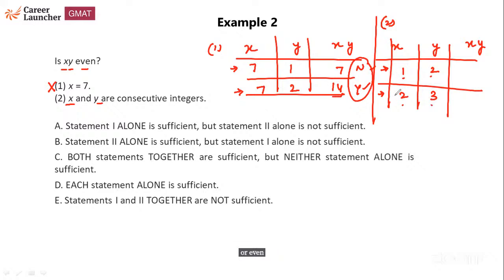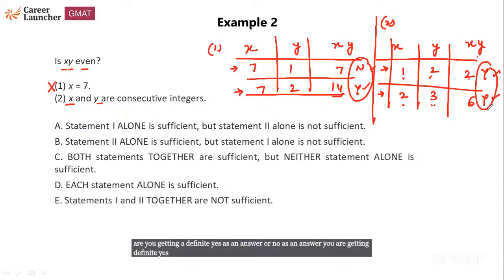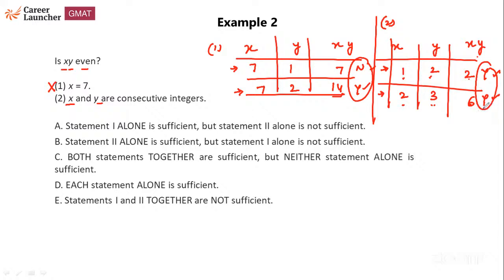These are the two possible scenarios. 1 into 2, that is 2. 2 into 3, that is 6. Answer the question. Is xy even? Yes. Case number 2, is xy even? Yes. Are you getting a definite yes or no as an answer? You are getting a definite yes. That means the second statement alone is sufficient. Option B is the correct answer.